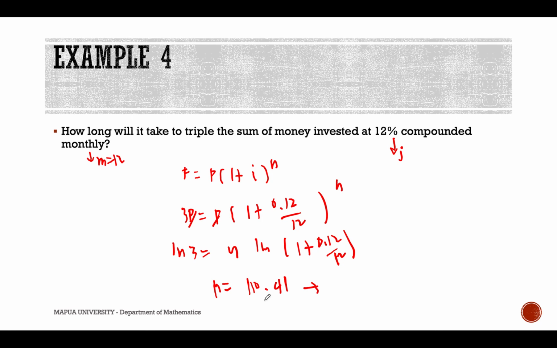So divide by 12, this is monthly, will give you 9.2 years. So t is equal to n divided by m, to give you 9.2 years.